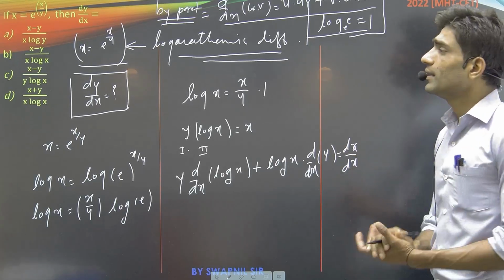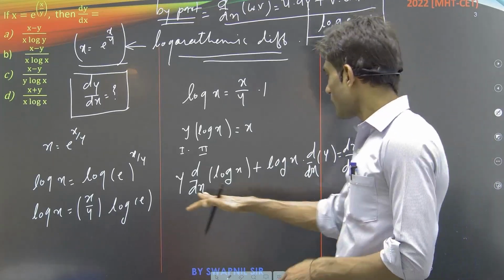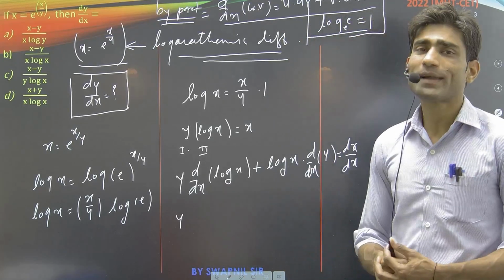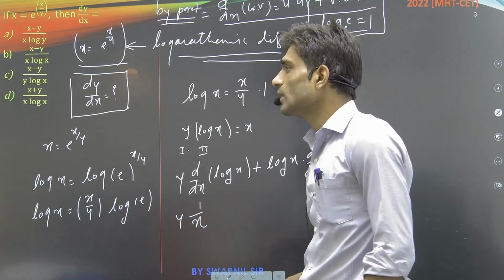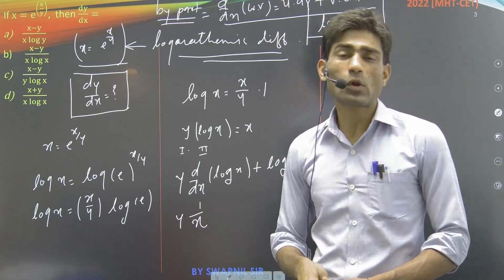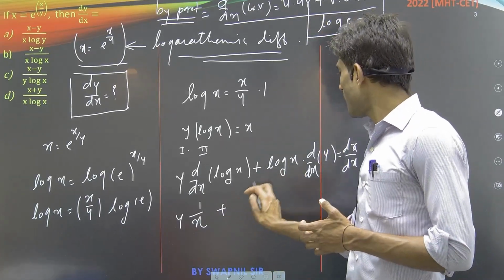So the first function as it is into the differentiation of log x with respect to x, which gives us 1 upon x. What is the standard form for differentiation of log x? It is 1 upon x. Plus log of x as it is.